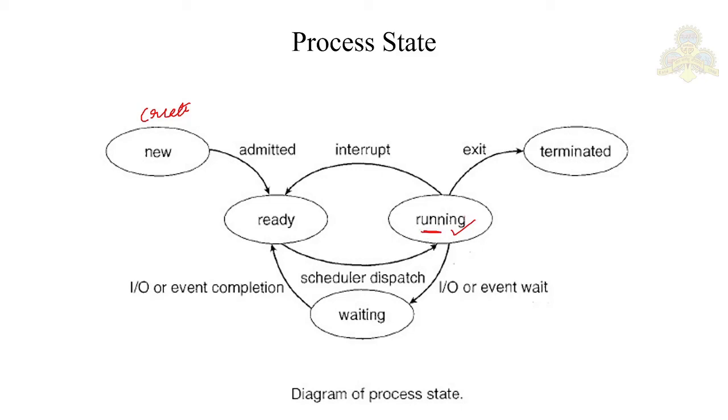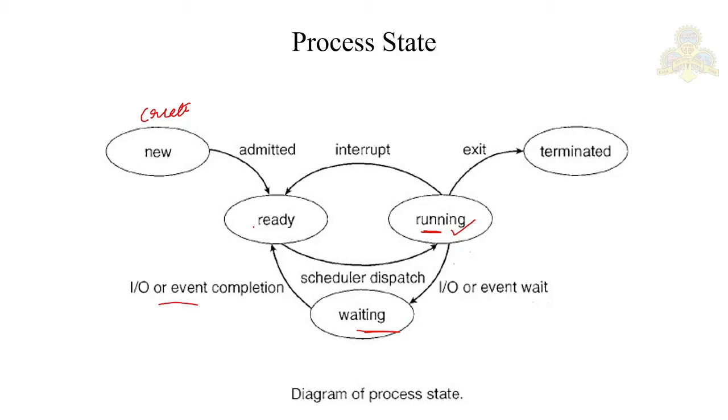Say suppose whenever a process is running, it wants some IO event to occur. Then it will go to a waiting state, and whenever this IO event is completed, it would again move to the ready state.